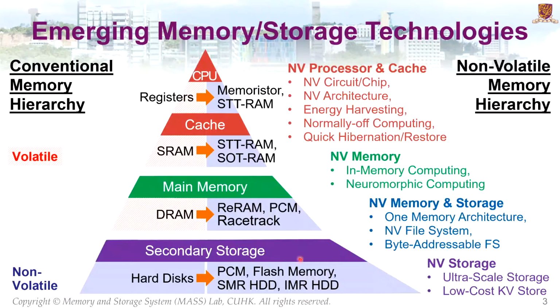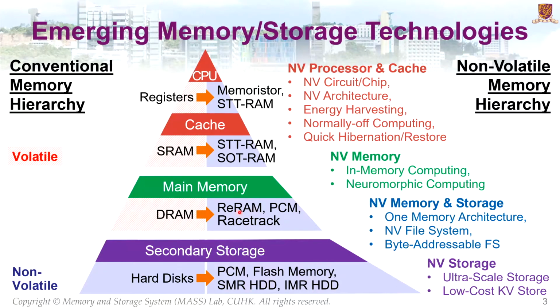Even for large-scale storage topics, people are looking into these new memory technologies to build different architectures, file systems, or key value stores. But because today our topic should be relevant to RISC-V, I would like to focus on the main memory part in this area.